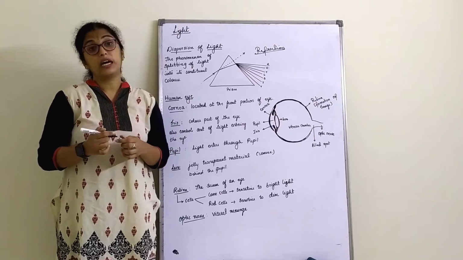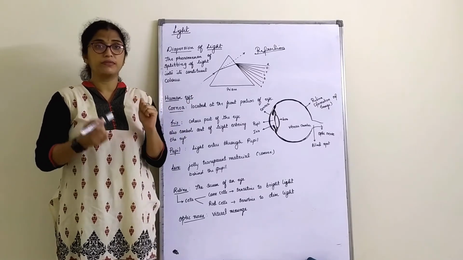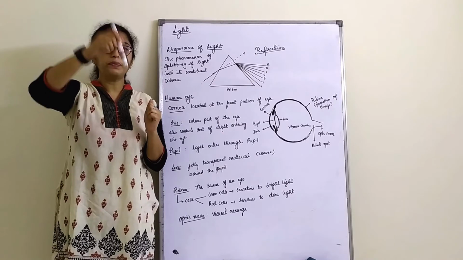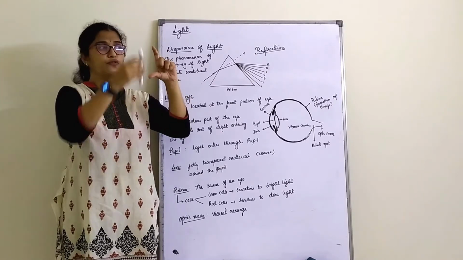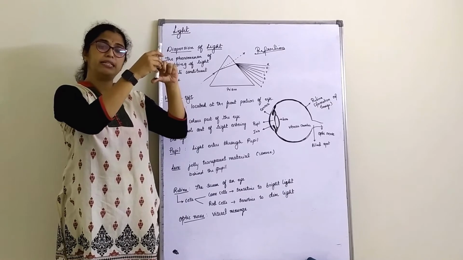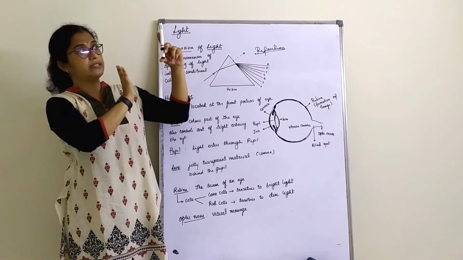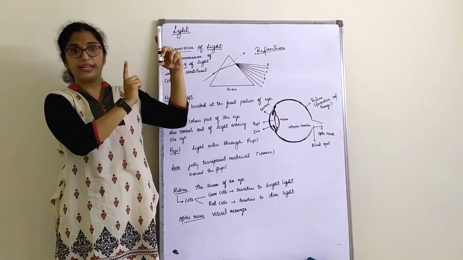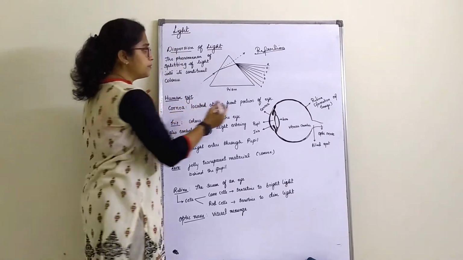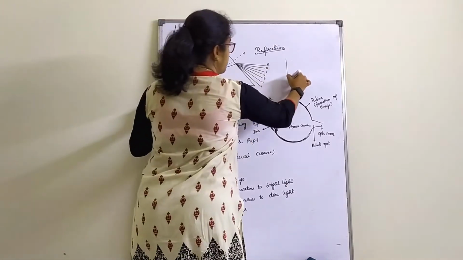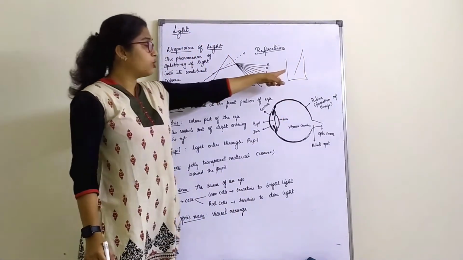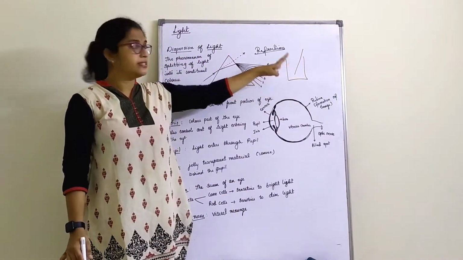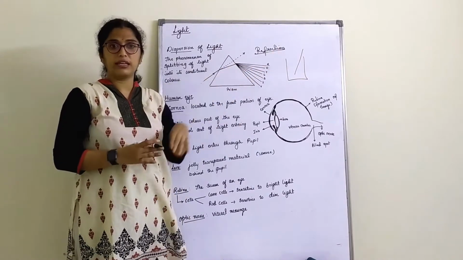Means what? Now take a glass of water and take a pencil. Dip that pencil in the water, right? Now this is a glass of water and the pencil is dipped inside. Observe that pencil from this angle. What do you observe? Suppose if this is the glass and you have dipped the pencil, does the pencil look the same as it looked before?